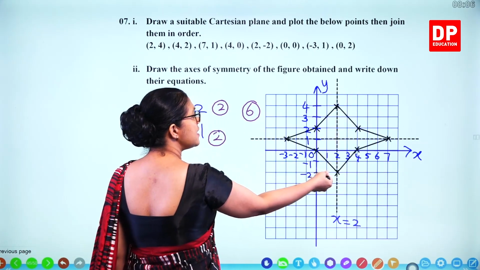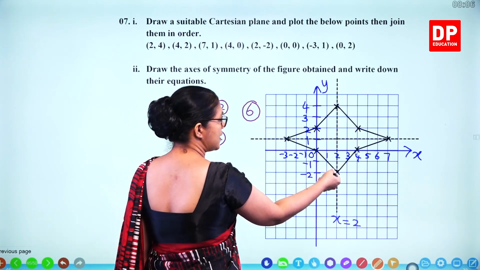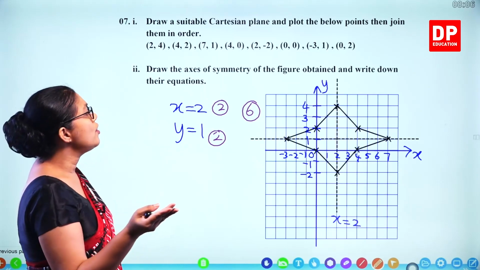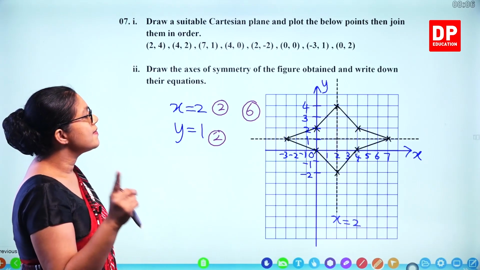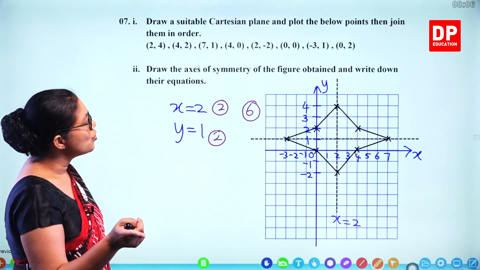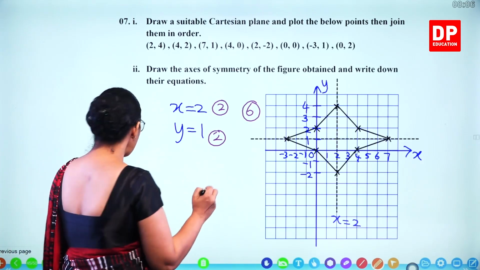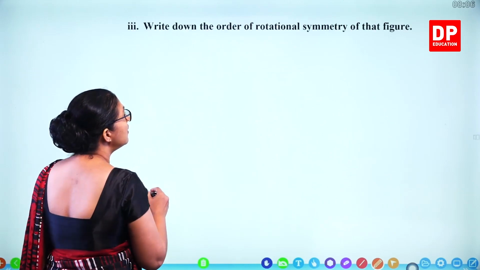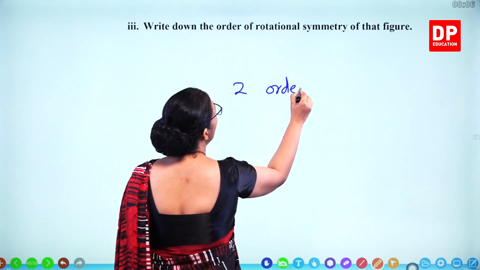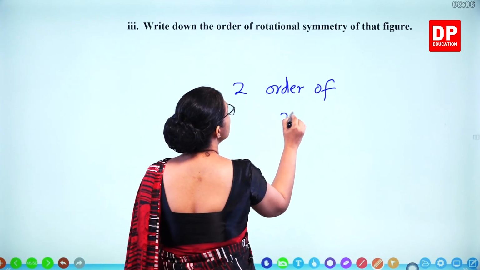So at 180, you get the same shape, and another 180, that's 360, again you get the same shape. So what is the order of rotational symmetry? You get 2. 2 is the order of rotational symmetry here.